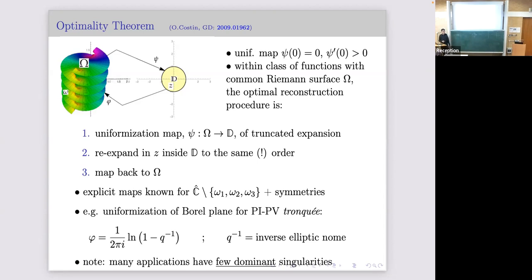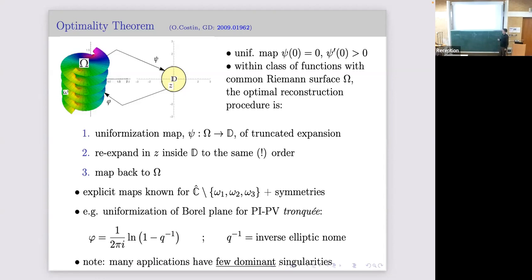First of all, notice that explicit maps are known in terms of elliptic functions for the complex plane with 3 branch points. These are completely known. This is classical mathematics. And if there are symmetries, you can solve it for more singularities.